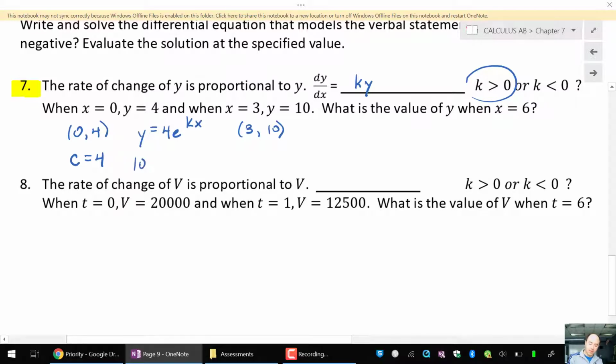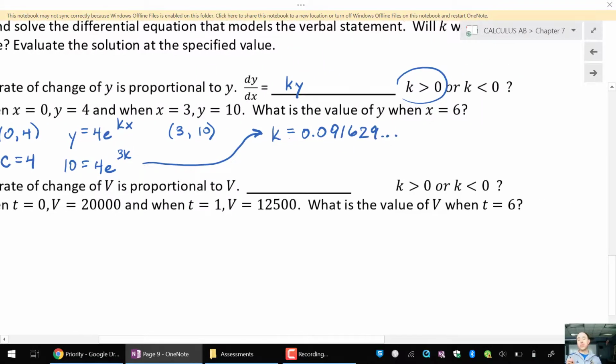So 10 equals 4 e to the power of 3 times k. I can solve for k, and I'll just let you maybe check that out on your calculator. When I solved this, I got a value of 0.0911629 and some other numbers after that.